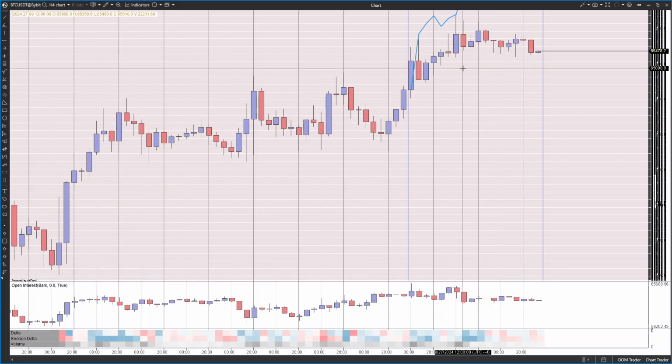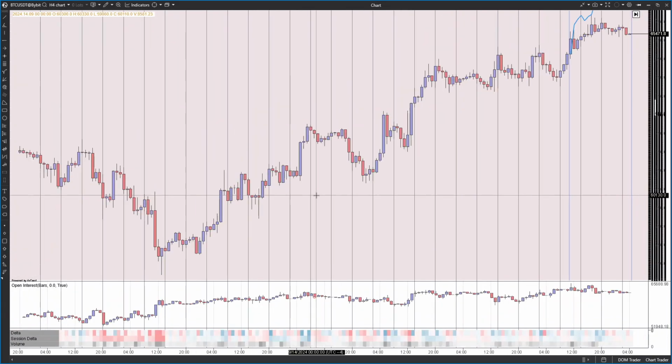You can see that there was a big liquidation, or orders closing, whatever you wanna call it, and since then we just kind of stagnate. It isn't really doing much.